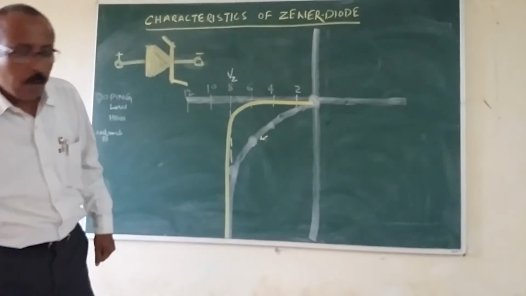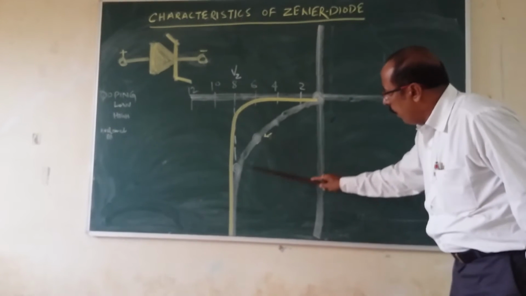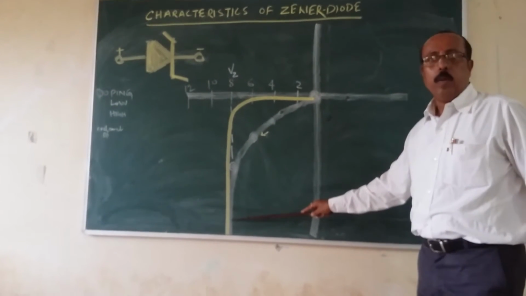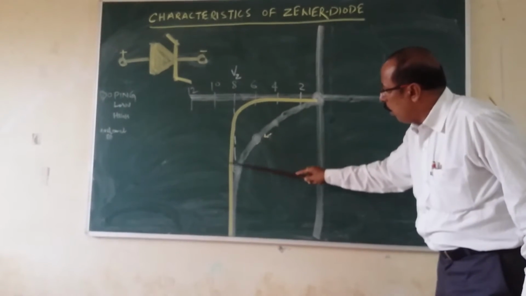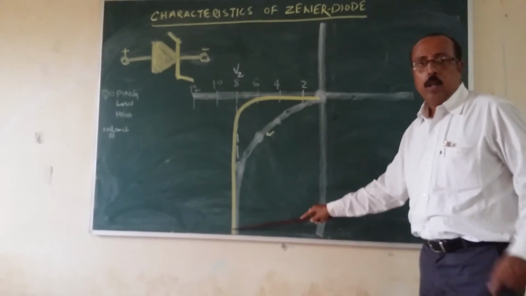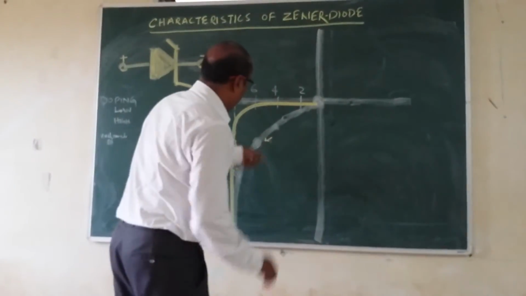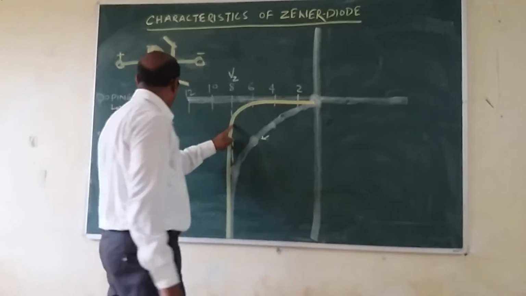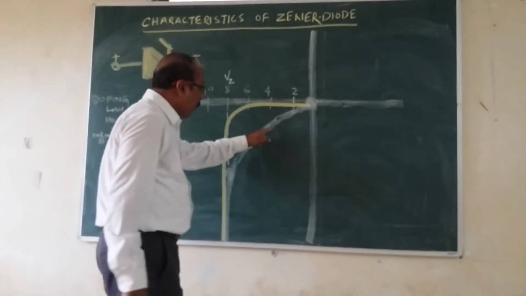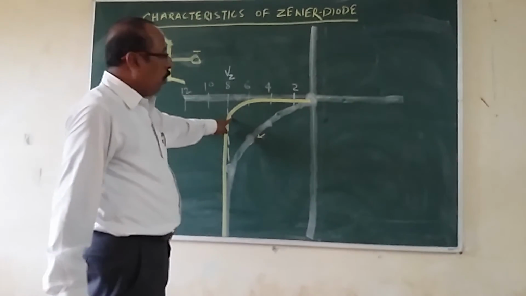This curve, the white curve, is called avalanche breakdown, and this yellow line is called Zener breakdown. The difference is that in this position doping is very low, and in this position doping is very high. So this is called avalanche breakdown, and this is called Zener breakdown.